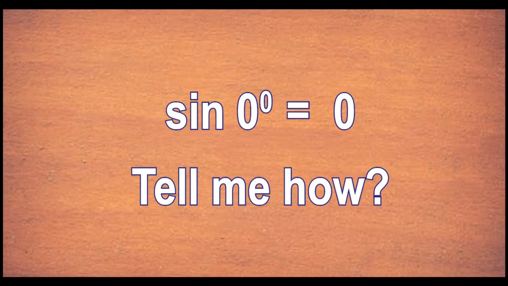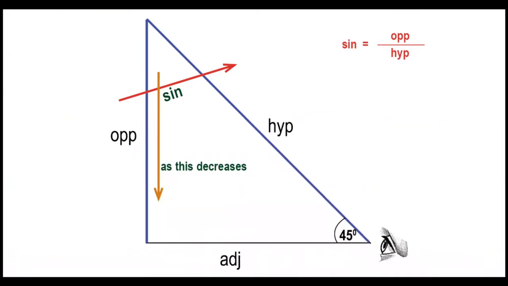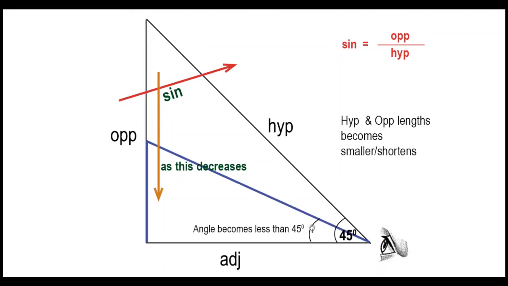Sin 0 degree is equal to 0. Let us see how. When we reduce hypotenuse and the opposite down, the angle here gets reduced. The angle becomes lesser than 45 degree here.